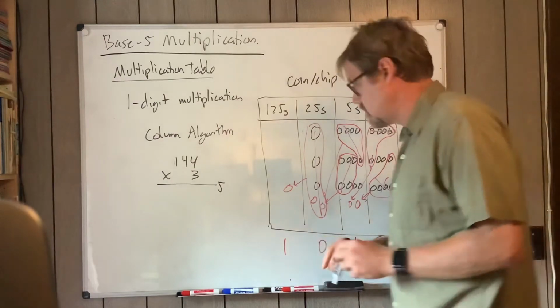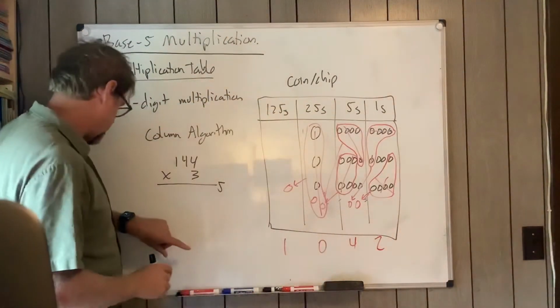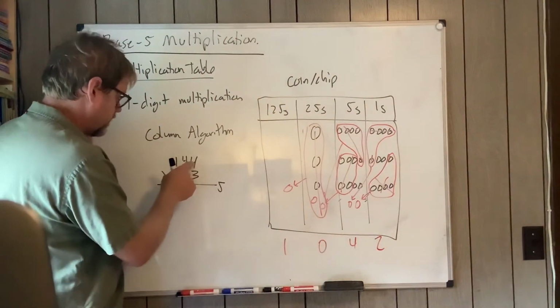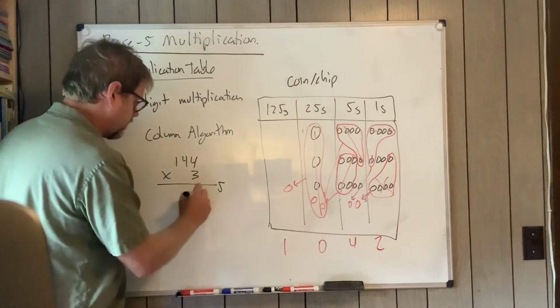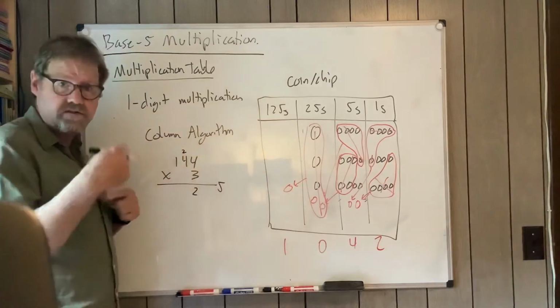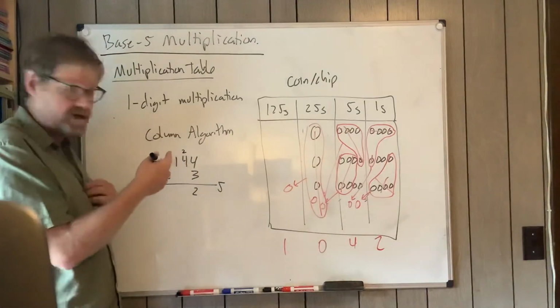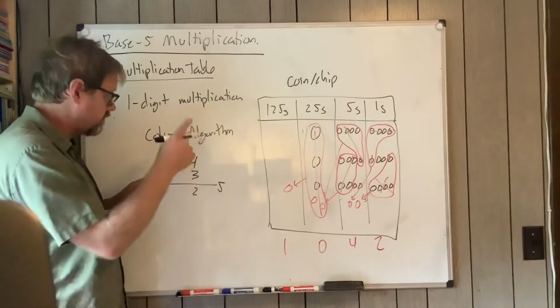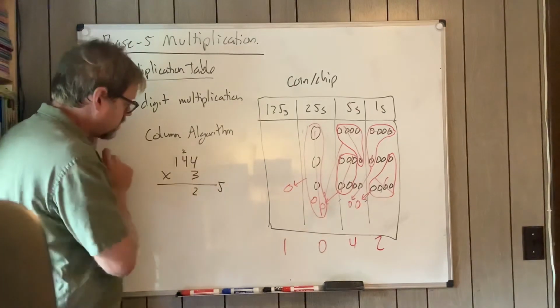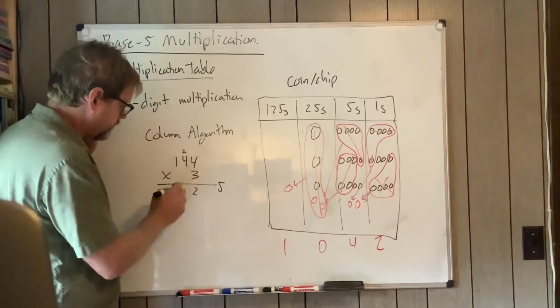Okay. All right, let's do the same thing over here. 3 times 4. Okay, that's, again, in our heads, 12. 2, 2. The other thing is if you finish off that multiplication table we went through earlier, you can just look at 3 times 4 and do 2, 2. 3 times 4 is 2, 2.